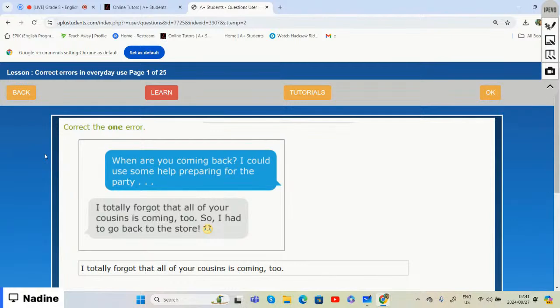So which one is correct? Which one is incorrect? So we need to choose the correct option.